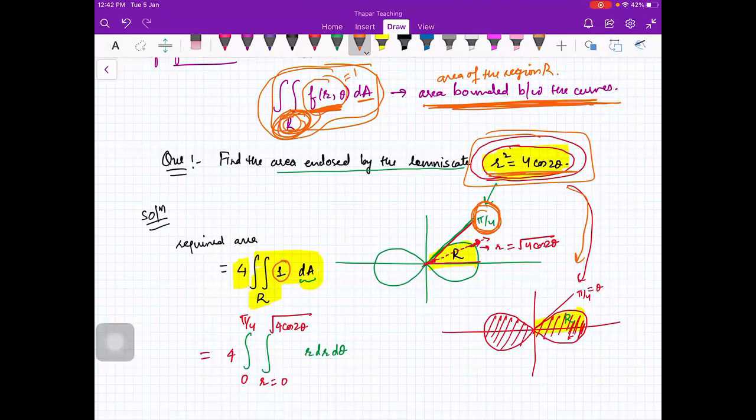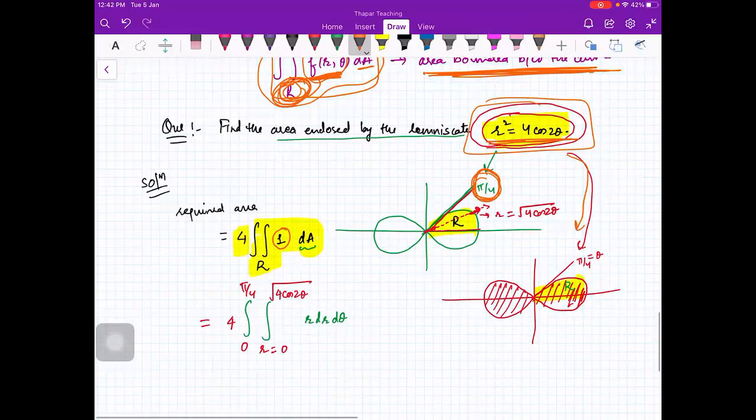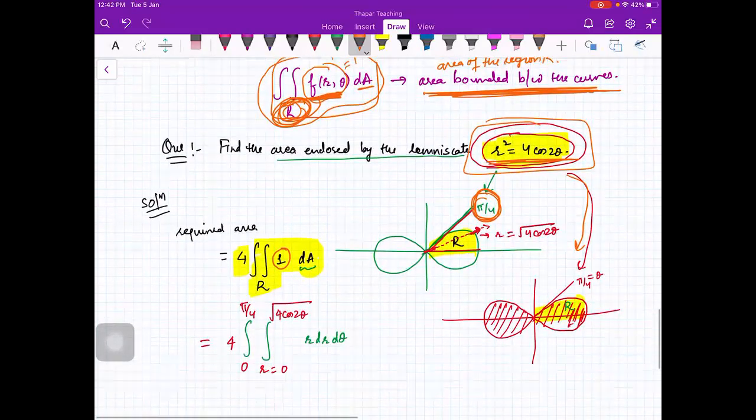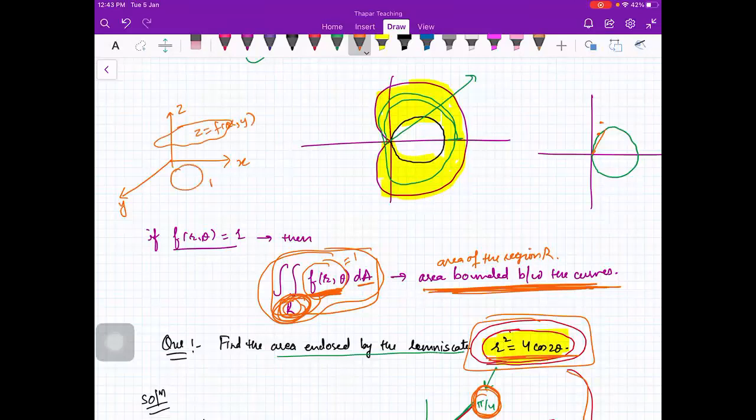Ma'am, can you explain it again, why we are taking the area as one? You see, beta, I told you this quantity is in Cartesian coordinates. Suppose you have x, y, z. This is your f(r, theta). z is equal to f(x, y), right? And this is your region R. So if you are computing this integral f(x, y) dA over R, physically what you are computing is this volume, right?